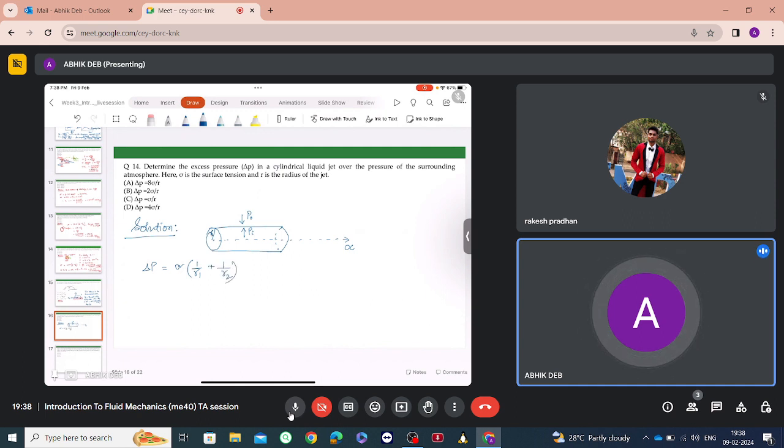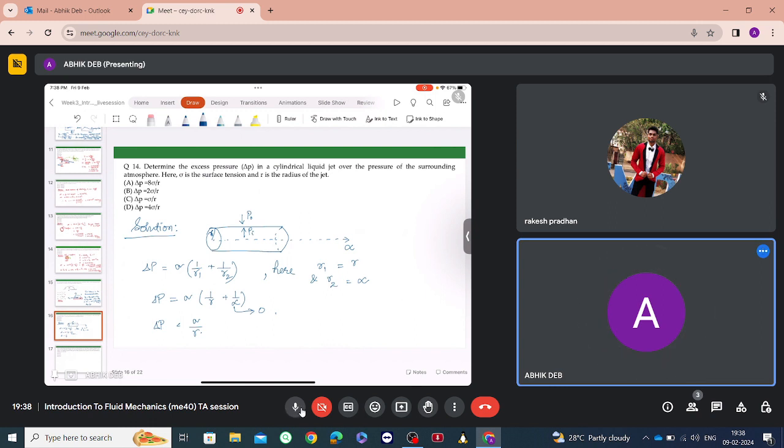Say the radius is r. So here r1 is equal to r and r2 is infinity. If we put the values here, delta p equals sigma times (1 by r plus 1 upon infinity). This becomes 0. So it will just be sigma by r.